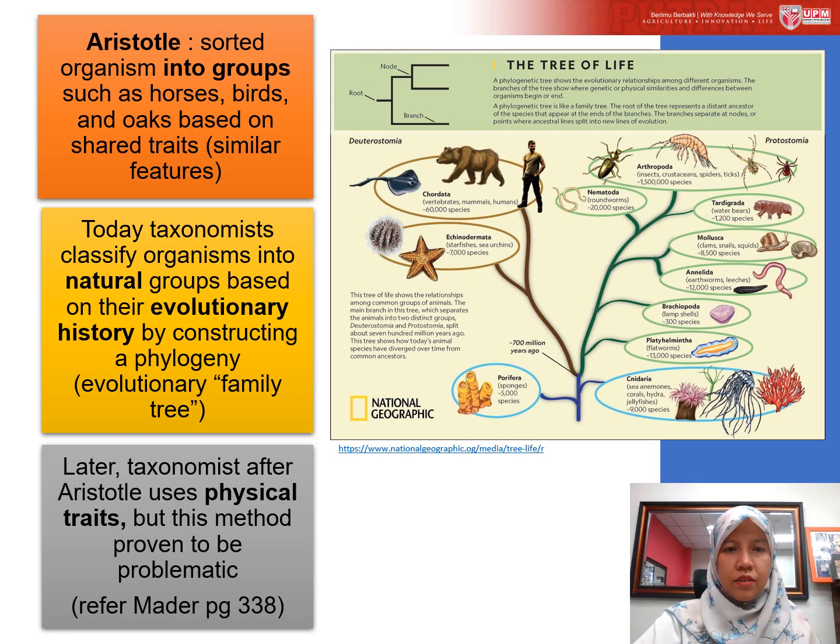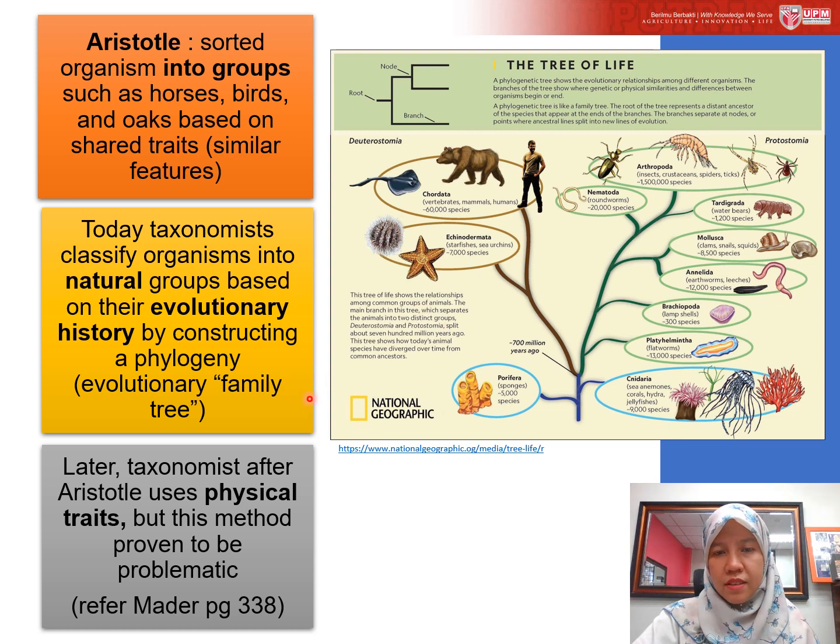All right, students, before this I mentioned Aristotle, who sorted organisms into groups such as horses, birds, and ox based on shared traits or similar features. But today taxonomists classify organisms into natural groups based on their evolutionary history by constructing a phylogeny or evolutionary family tree.